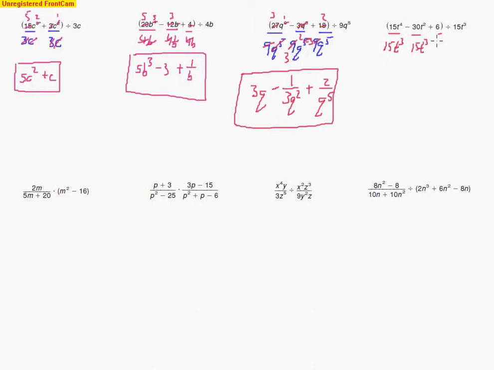So let's take a look at our first one here. We've got 15 goes into the 15 one time, and these 3 t's are going to cancel out 3 of the t's on top, leaving us only with this 1 t. And then over here we have 15 goes into 30 2 times, so make sure you write that as a negative 2, and then you count how many t's are left over.